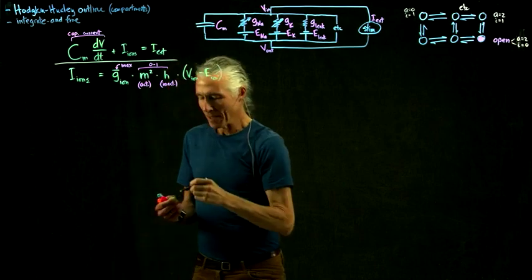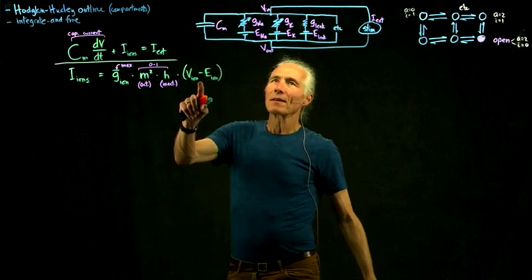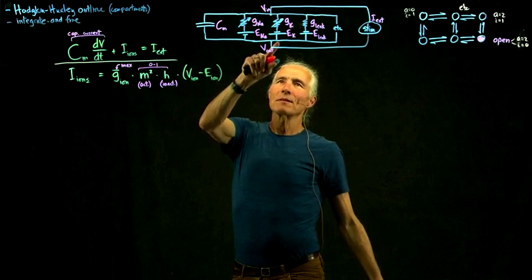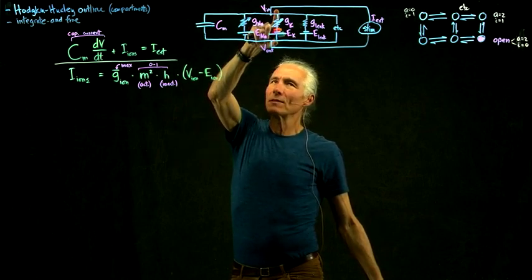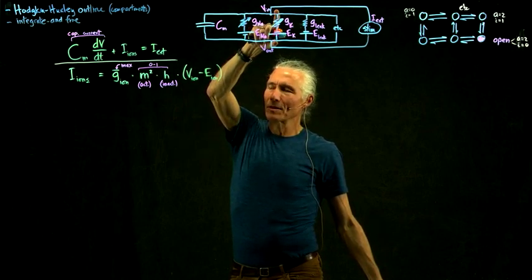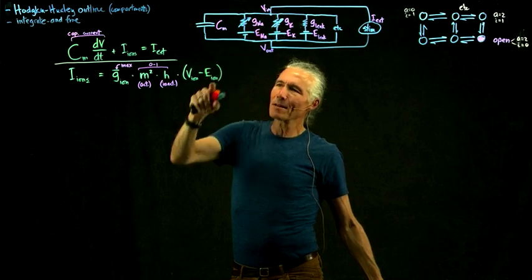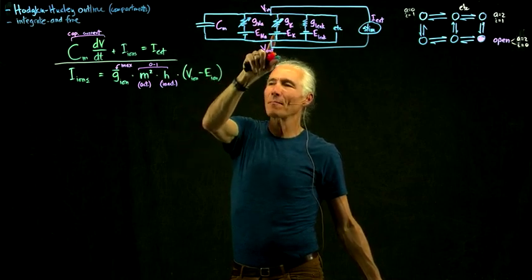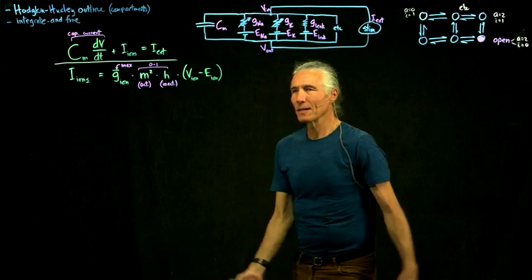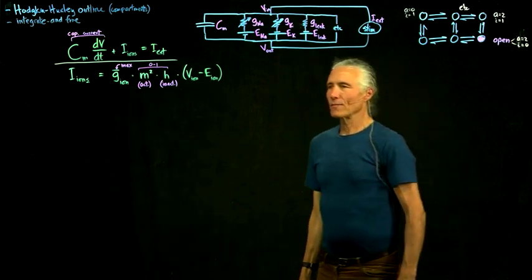Because remember, if the total voltage across the channel happens to be exactly the same as the Nernst potential, the same as that battery, then there's not going to be any current flowing.